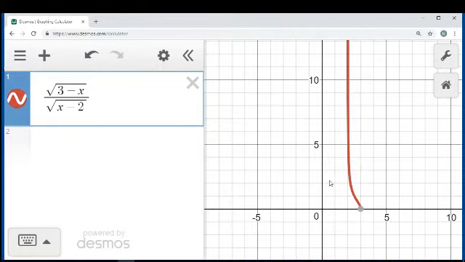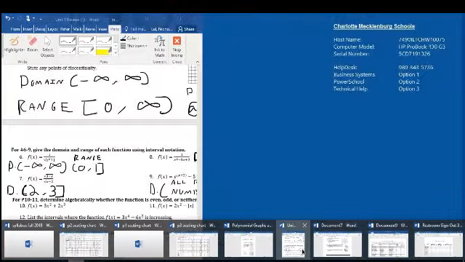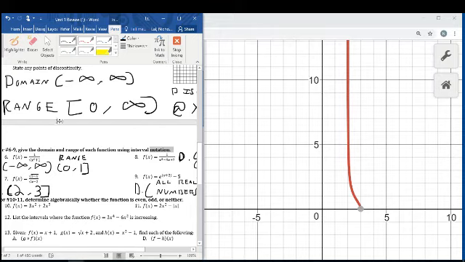So when x approaches 2, oh, because you're dividing by 0.001, that actually approaches from infinity. So the range is going to be from 0 to infinity.